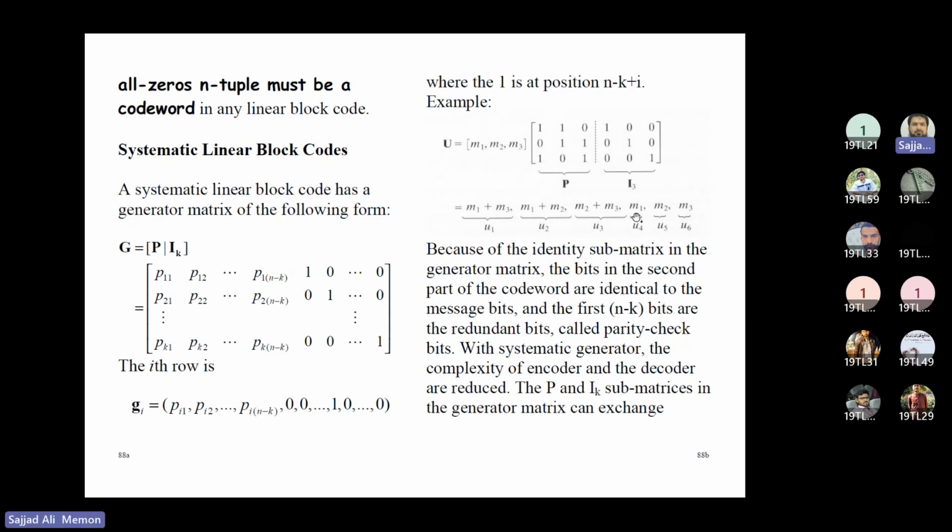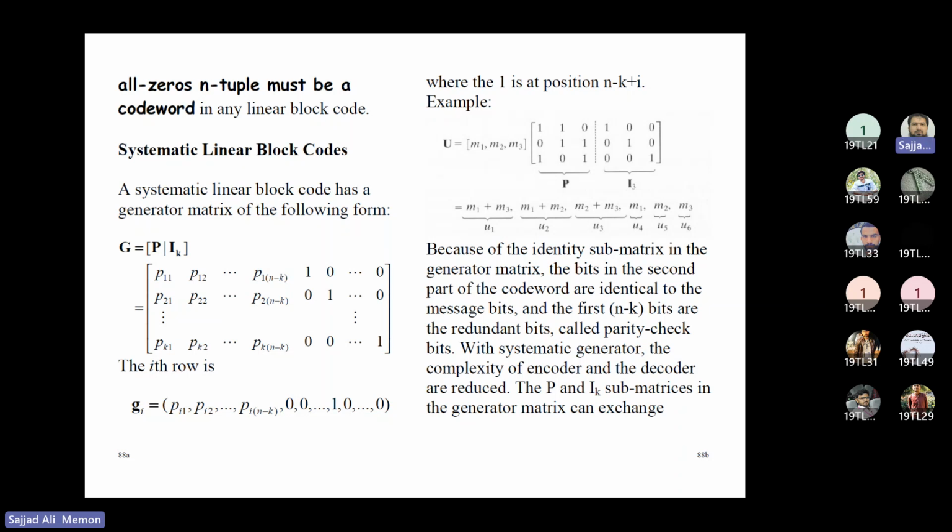The last three bits are similar to the message bits. Because of the identity submatrix in the generator matrix, the bits in the second part of the code word are identical to the message bits, and the first n minus k bits are the redundant bits called parity check bits.